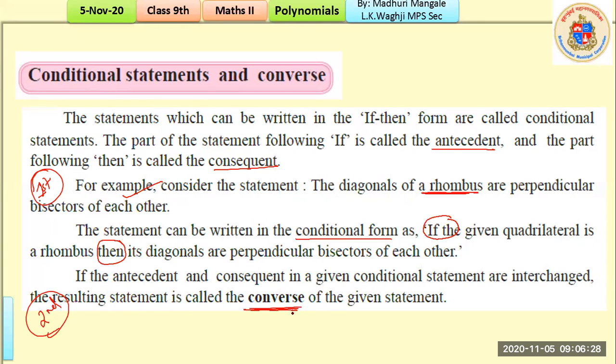Converse is vice versa, the opposite, the other way. If the antecedent and the consequent in a given conditional statement are interchanged, then the resulting statement is called the converse. All right, and with that we will look at a few more examples.